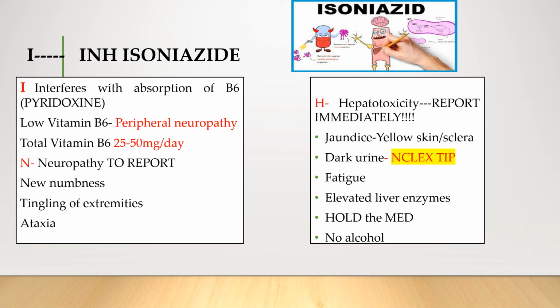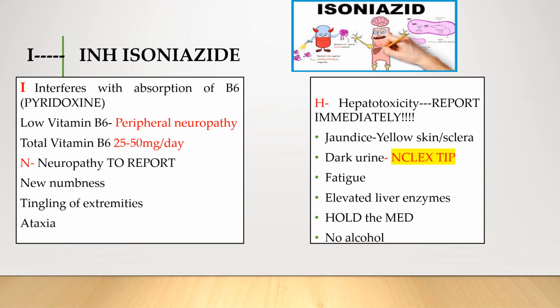Low vitamin B6 will lead to peripheral neuropathy. We have to take at least 25 to 50 mg per day of vitamin B6 because there will be less absorption of vitamin B6.